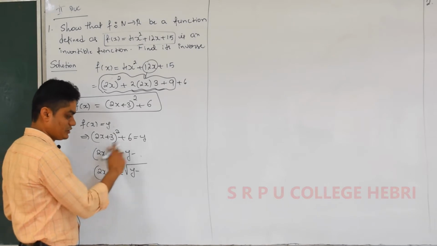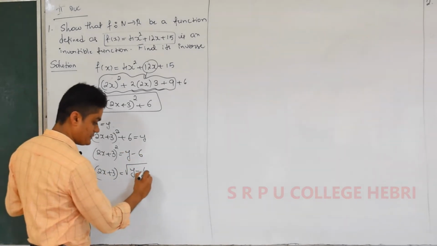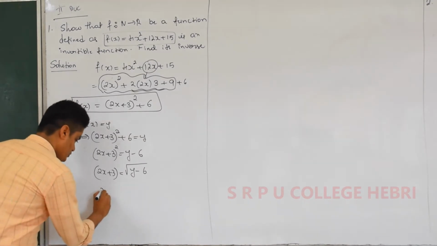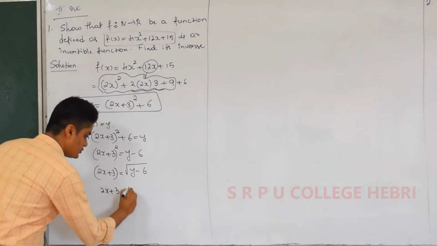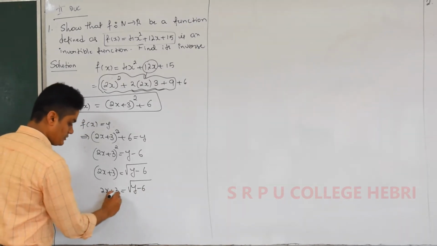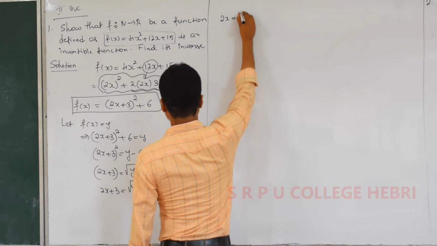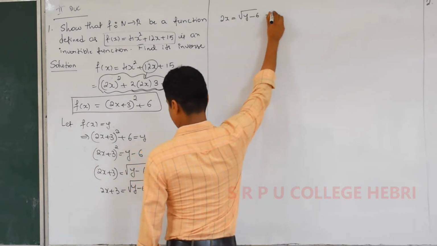So (2x plus 3) whole square becomes y minus 6. So 2x plus 3 is root of y minus 6. Now take 3 to this side, so you will get 2x is equal to root of y minus 6 minus 3.